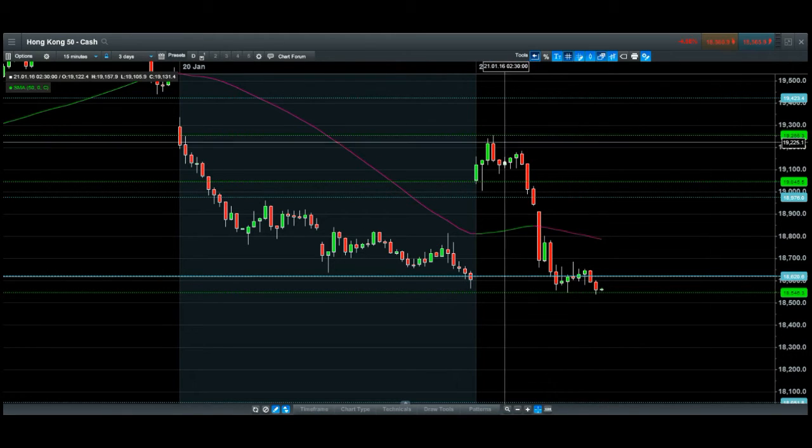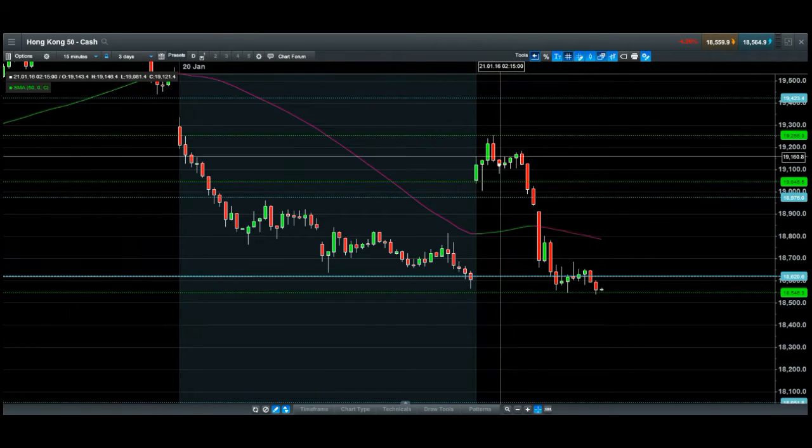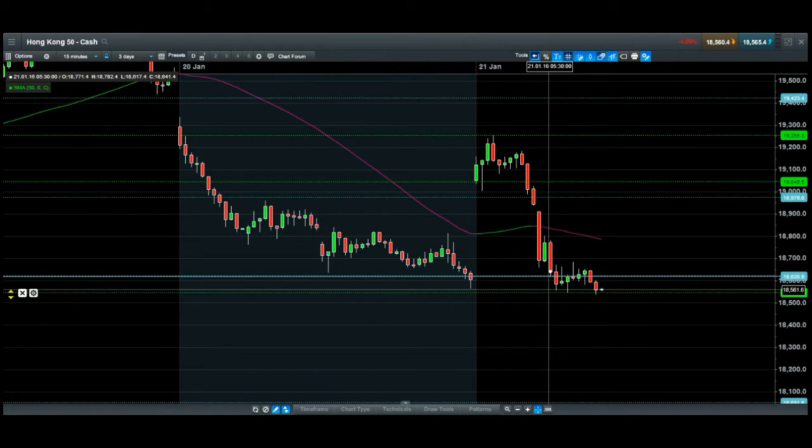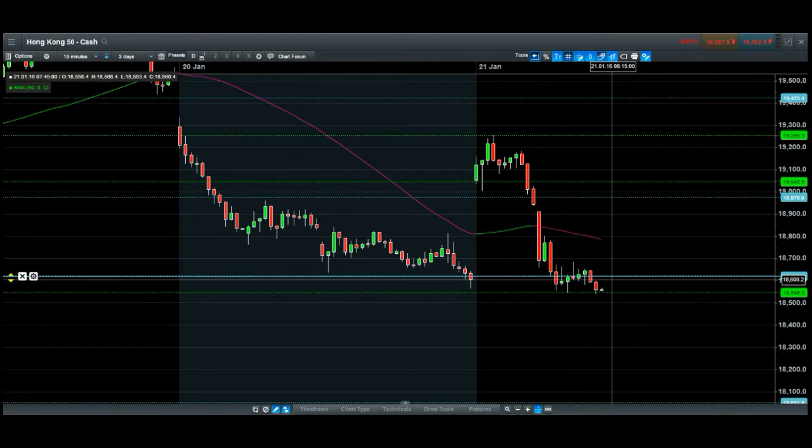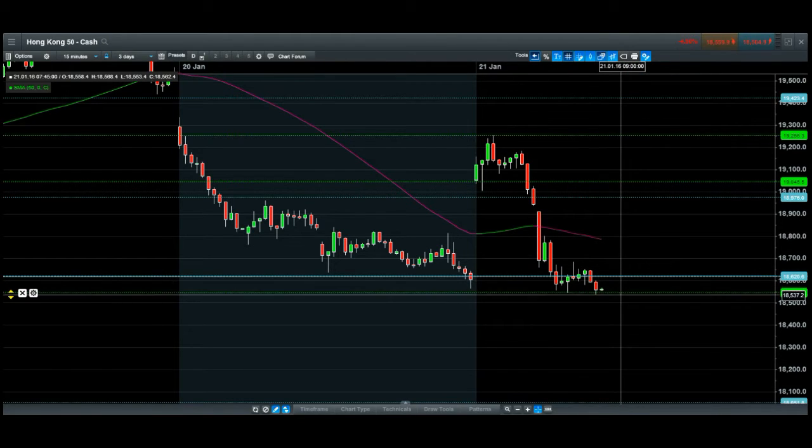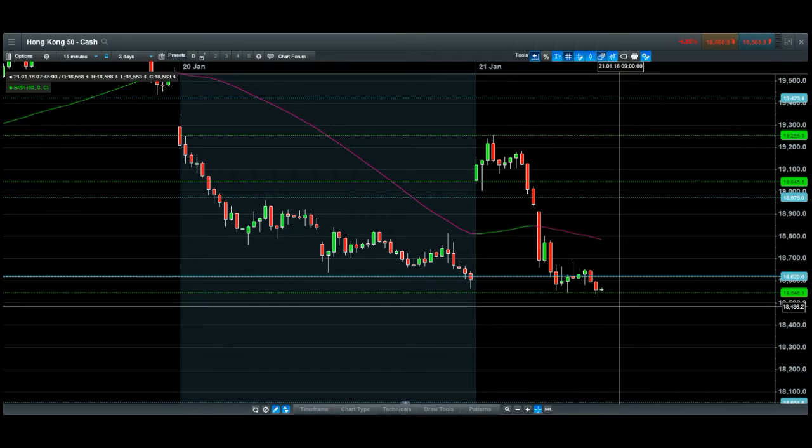And then from there, the index retreated all the way back down, broke the month support, and then dropped to the day support, which is 18,546.